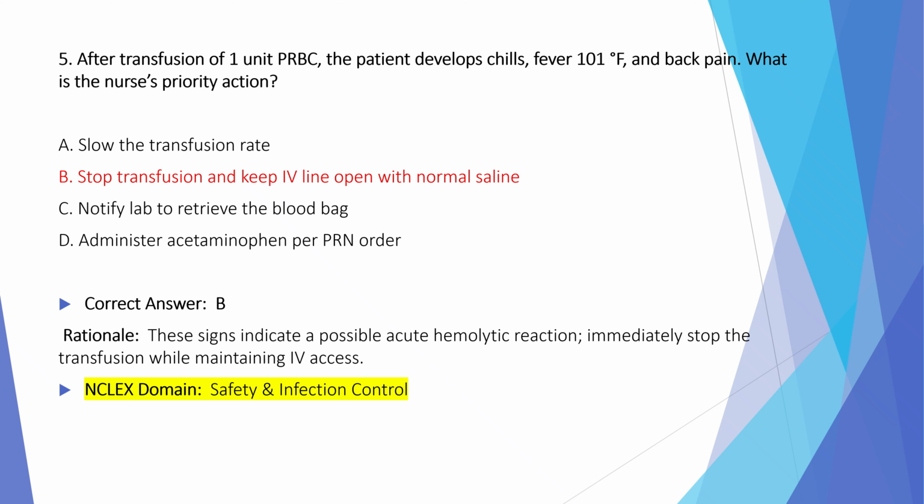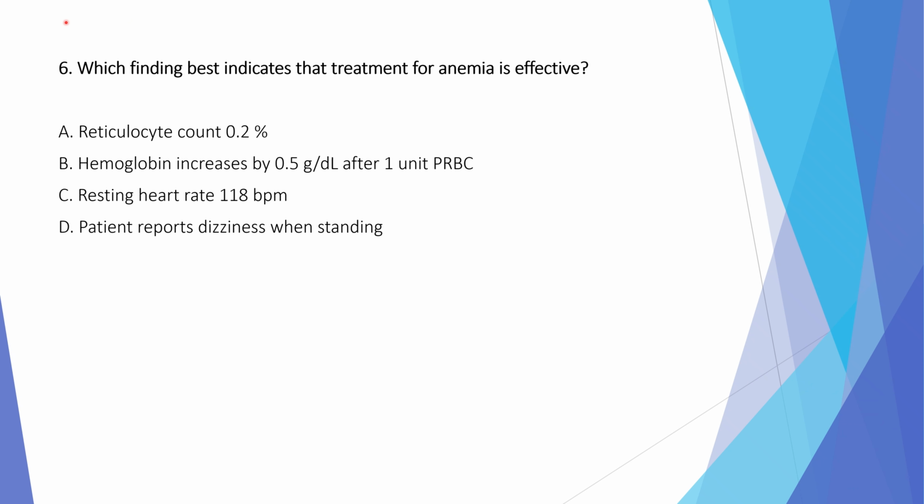Which finding best identifies that treatment for anemia is effective? A. Reticulocyte count. B. Hemoglobin increases by 0.5 grams per deciliter after 1 unit.